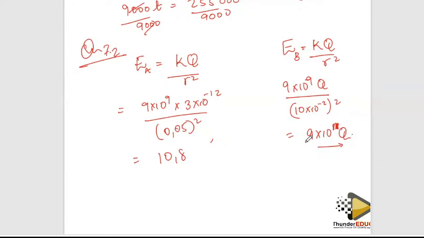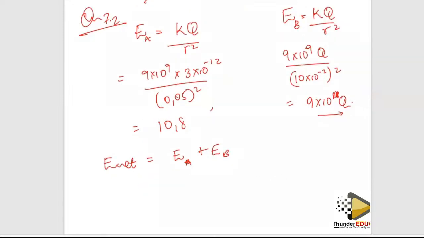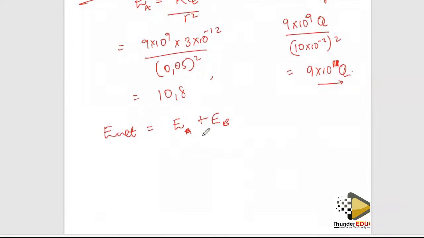Apply the net formula. Okay, where we are saying E net will be the same as the EA plus the EB. Now since it's a 0, which means that it is going to be a subtraction there.